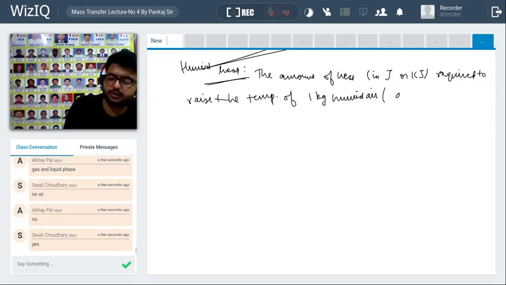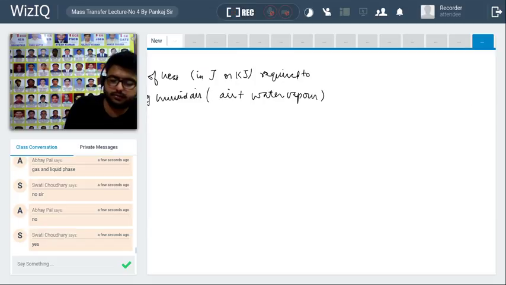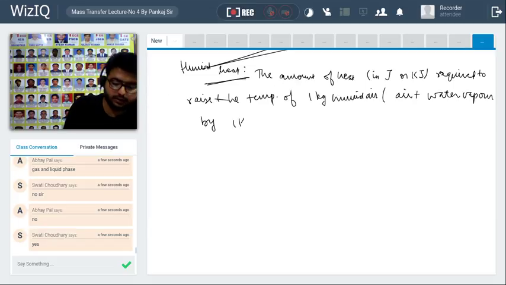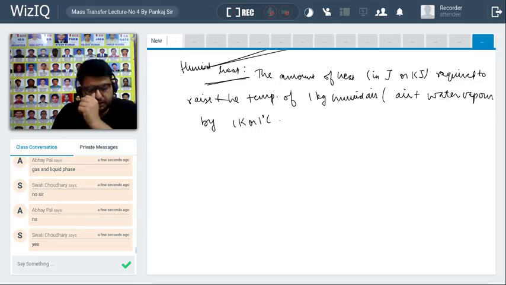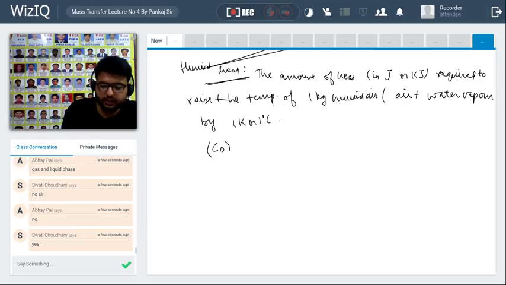Humid air means air plus water vapor. It doesn't matter because both are the same thing. So this is known as the humid heat, denoted by CS.